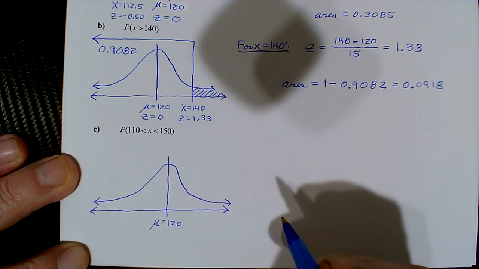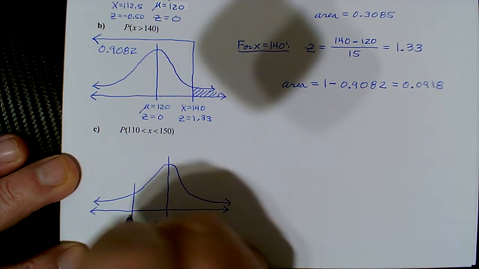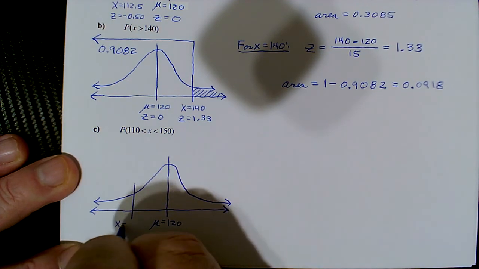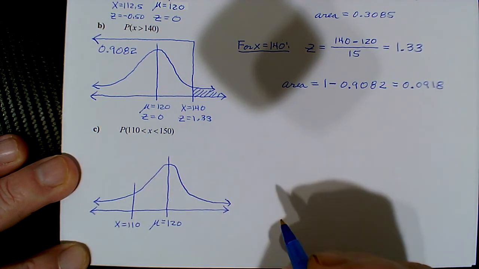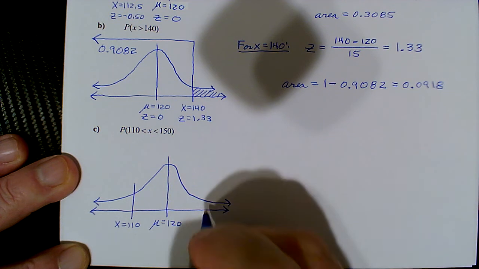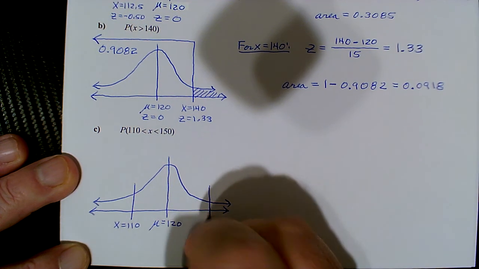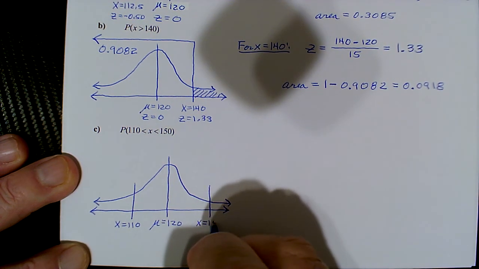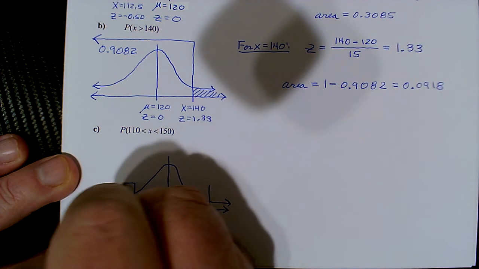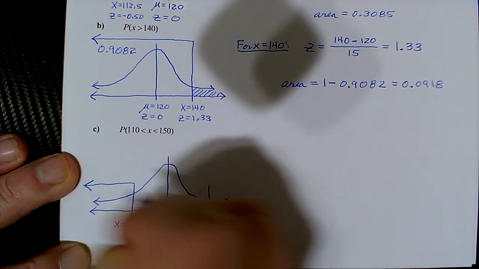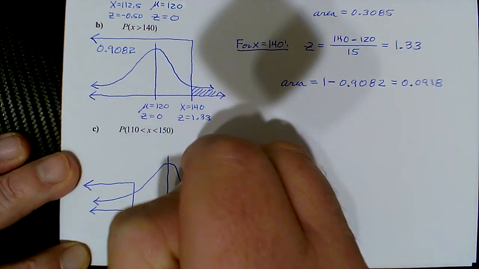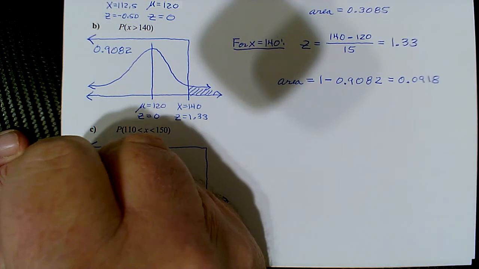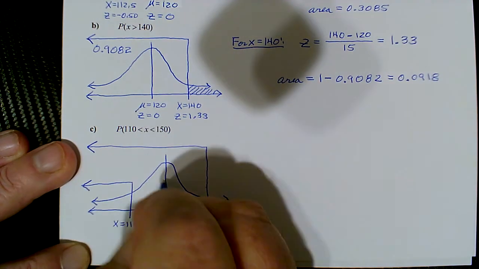The two data values are 110, which is somewhere to the left of the mean. Again, it does not need to be to scale. And 150, which is somewhere to the right of the mean. I like to draw the arrows right away. And what we're looking for is everything in between.